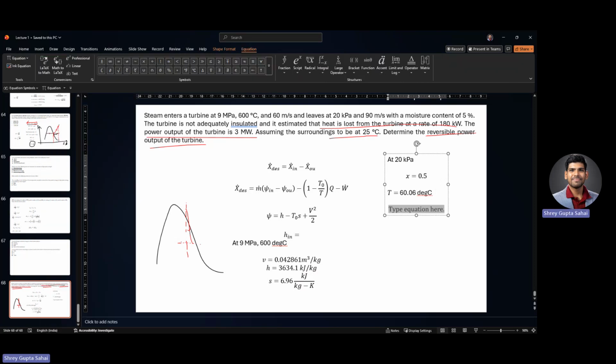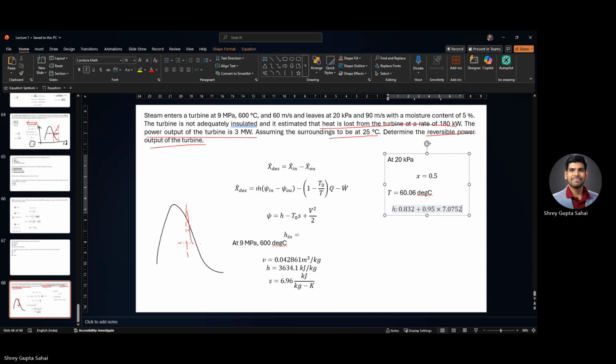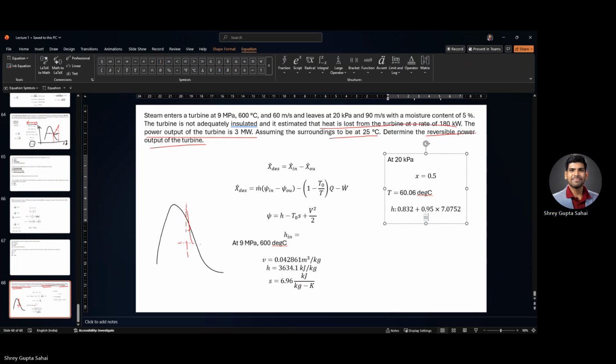And I actually need to calculate S, which will be 0.8320 plus 0.95 into 7.0752, which is 7.55 kilojoules per kg K.